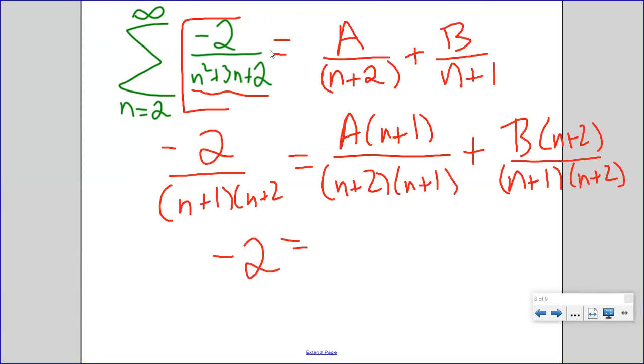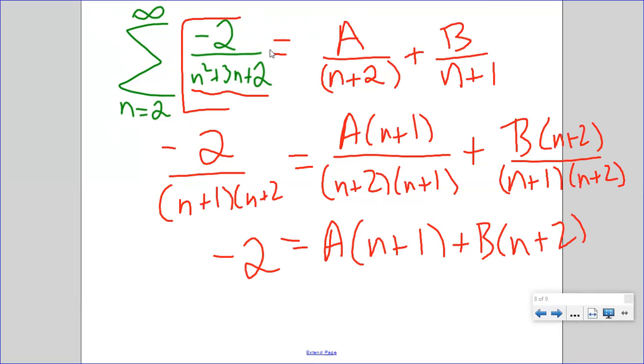So -2 must be equal to a times n plus 1 plus b times n plus 2. Now, this is where we can get strategic and solve for b in other ways. If we were to plug in a specific value of n that would make one of them become 0, then we can solve for the other variable.